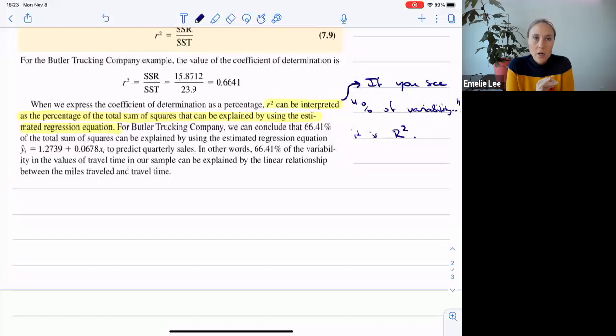So technically R squared is the percentage of variability in the y's that can be explained by the least squares regression line, right? That's a lot, right?